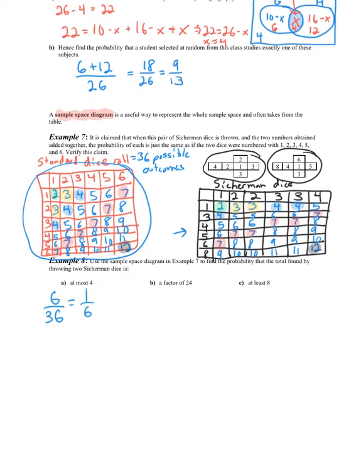Then it says a factor of 24. Well, factors of 24 are going to be 1, but 1's not possible to roll. 2, 3, 4, 6, 8, 12, and 24 is not possible to roll. So those are the possible factors. So we have a chance of 1 for getting a 2. Getting a 3, you have 2 possible options. Getting a 4, you have 3 possible options.